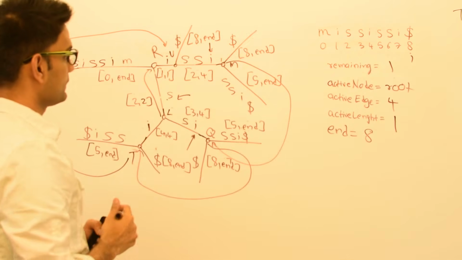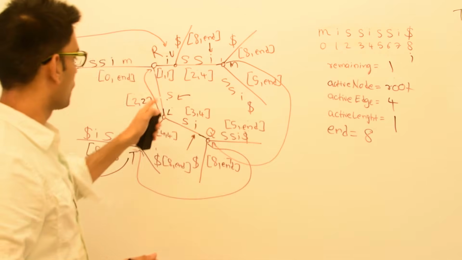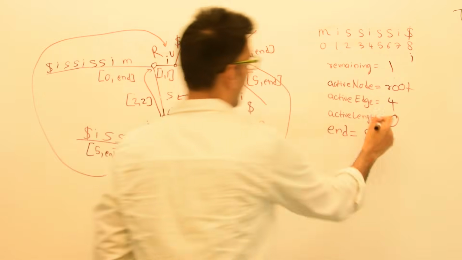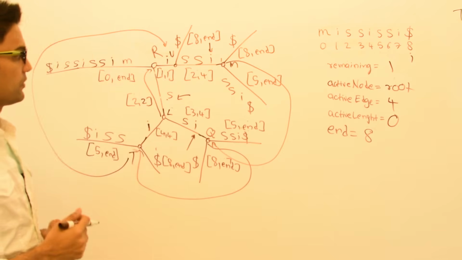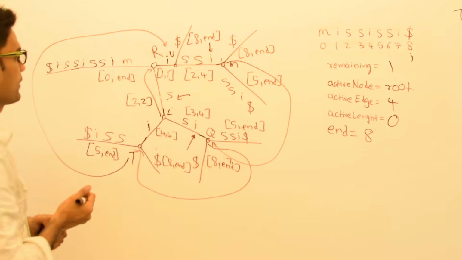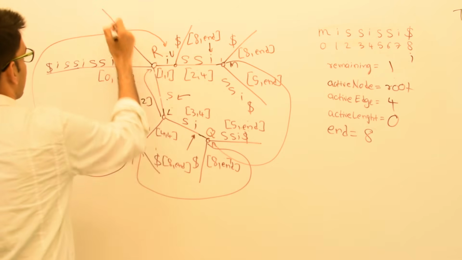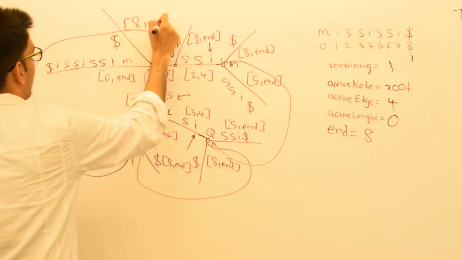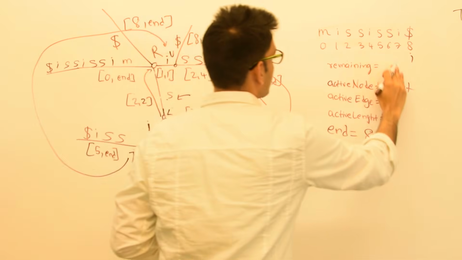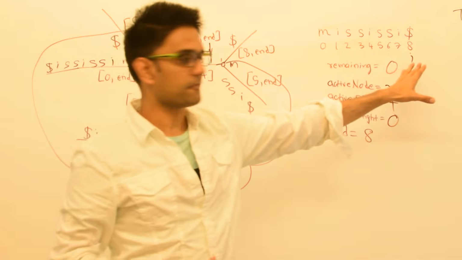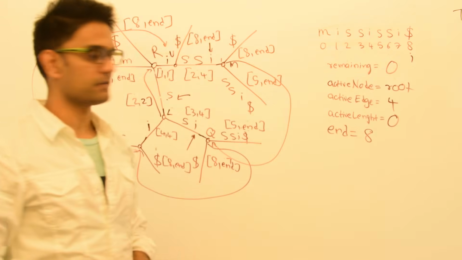And since the active node is root, we decrement our active length by 1. As soon as active length becomes 0, we check from root, is there a path for $? No, so we create one. And this is 8, end. Then our remaining becomes 0. As soon as remaining becomes 0, this current phase ends and we have reached the end of the string.